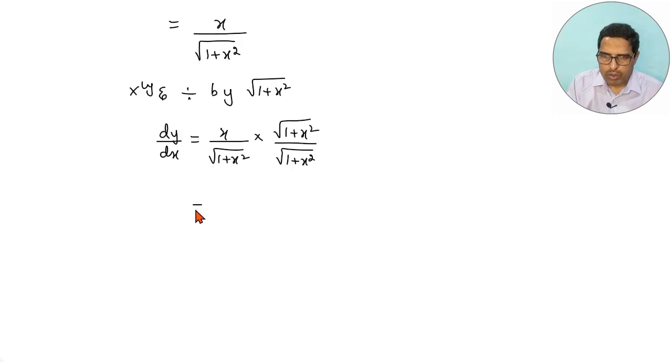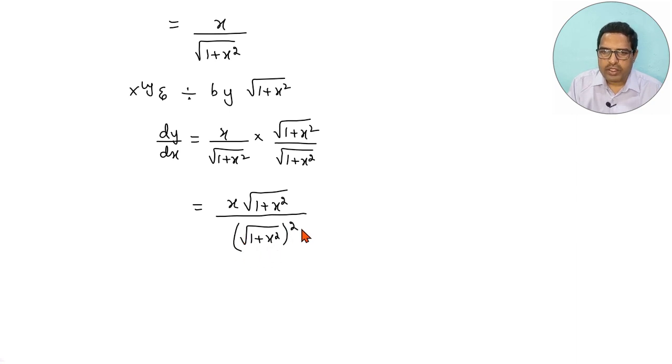This will be equal to the numerator x root of 1 plus x square, divided by root of 1 plus x square times root of 1 plus x square, which is root of 1 plus x square whole square. So we see that this square root and square will cancel out, and in the denominator you are just left with 1 plus x square.